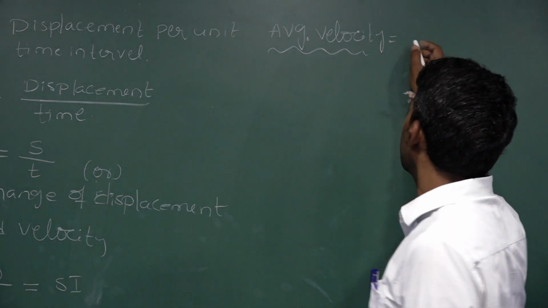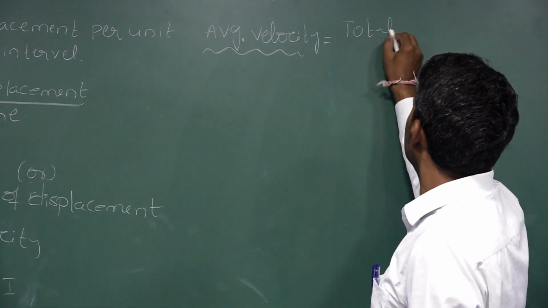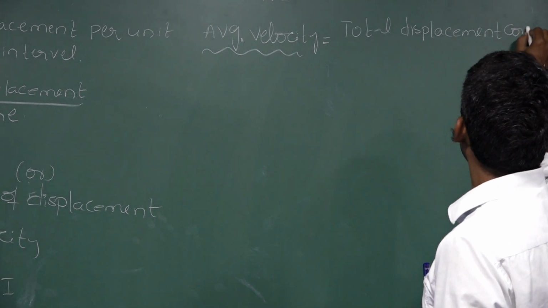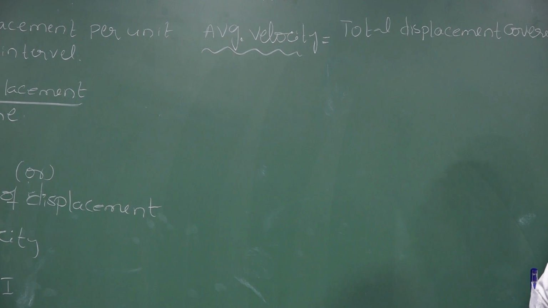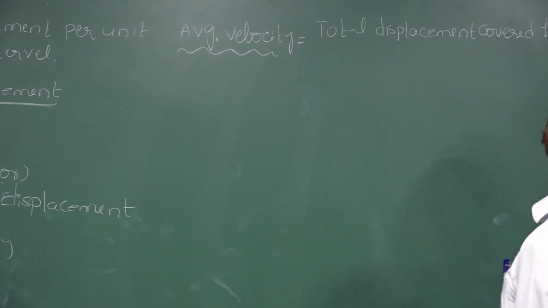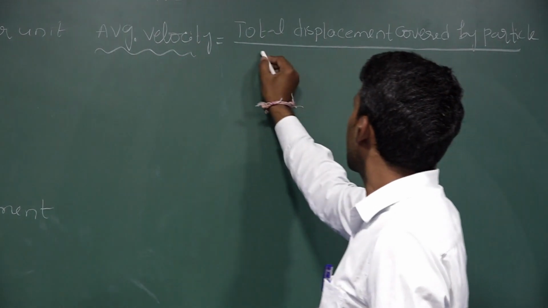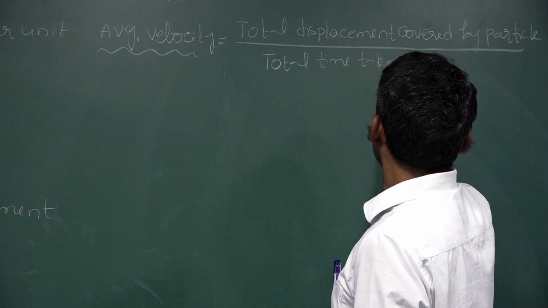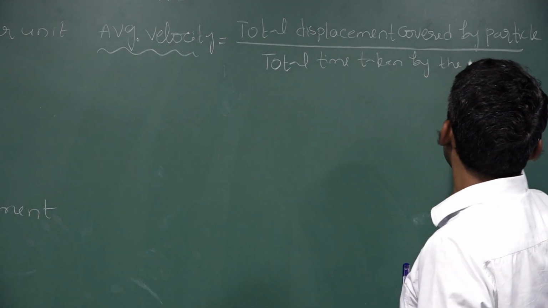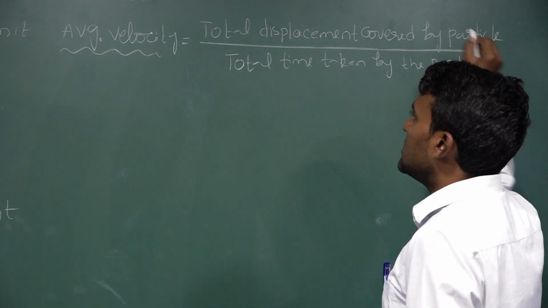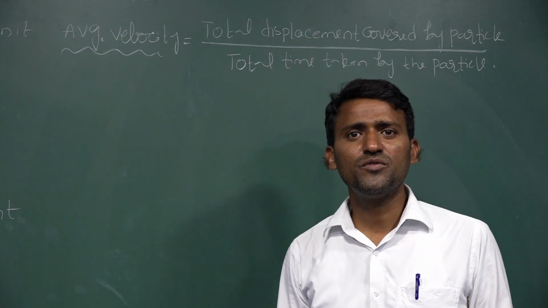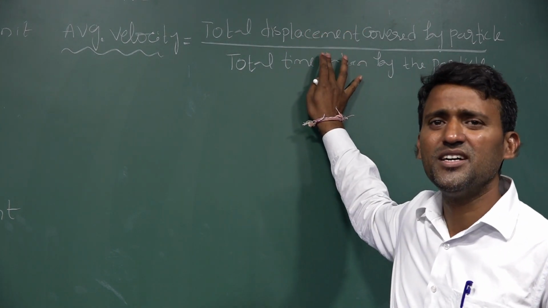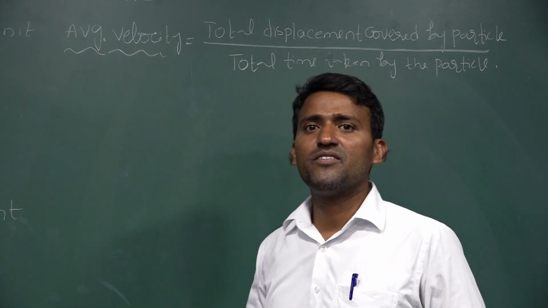So the equation is total displacement covered by the particle divided by total time taken by the particle. So that we call average velocity.